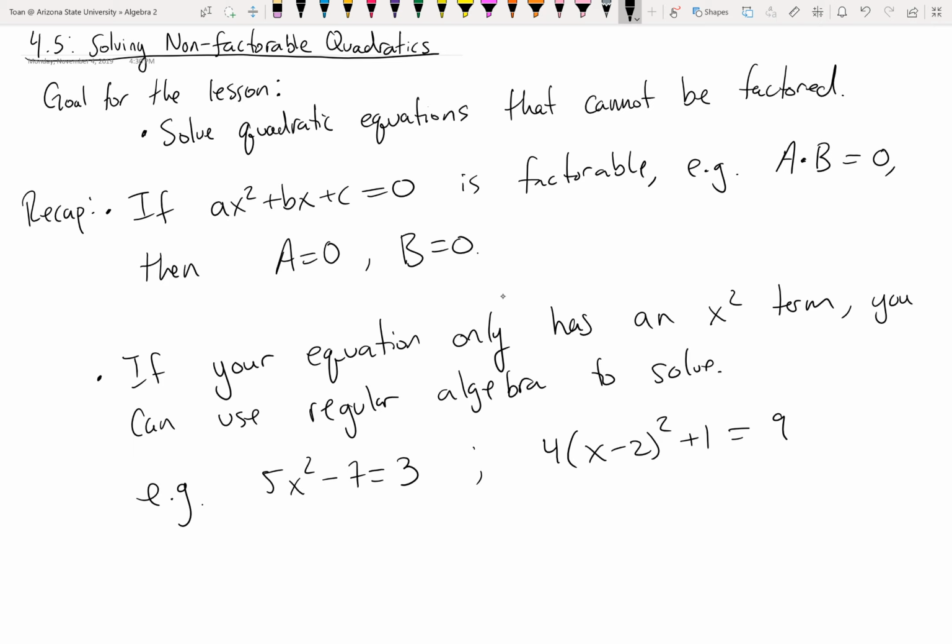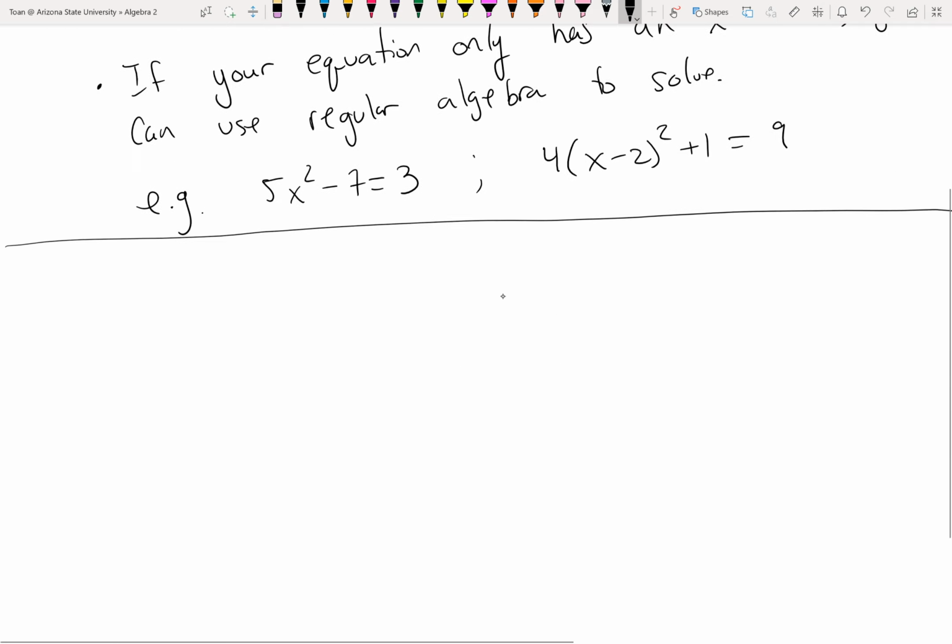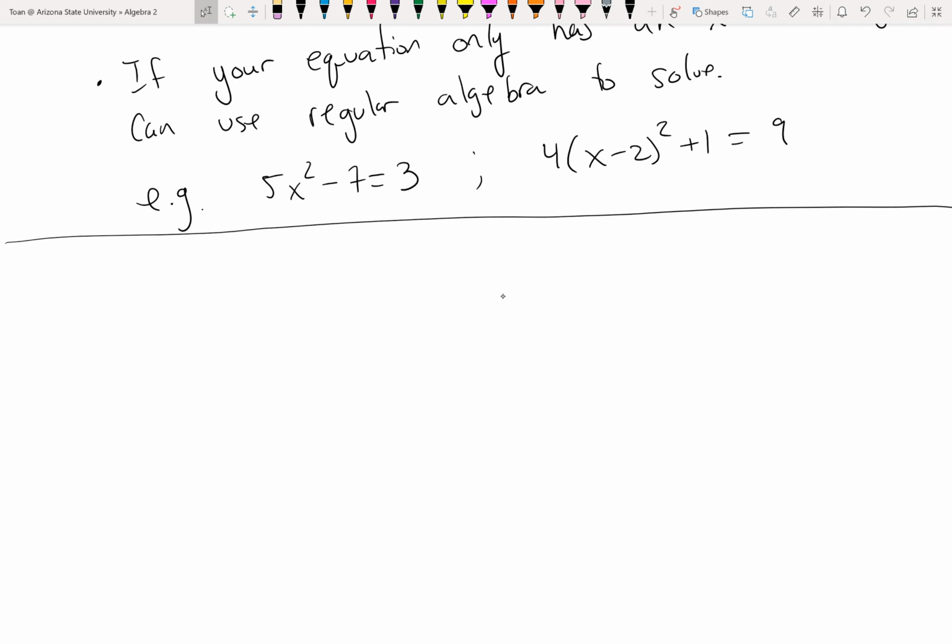Today we're going to look at equations that are in standard form that have both an x squared and an x term that we can't factorize. Now, just a little disclaimer here. I hope by now in Algebra 2 we have all heard about the quadratic formula.